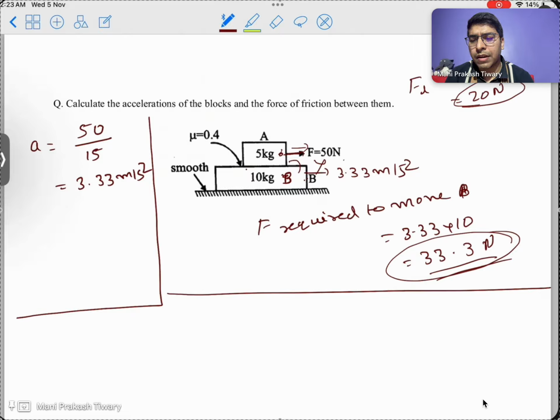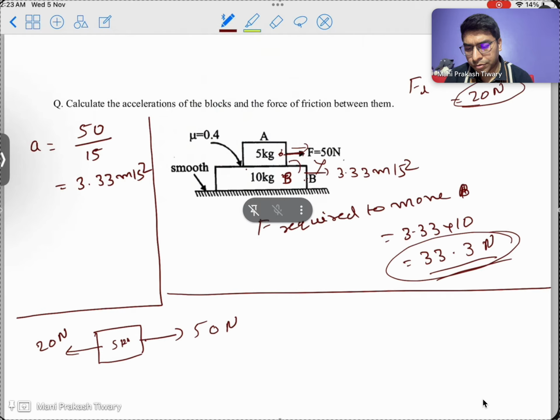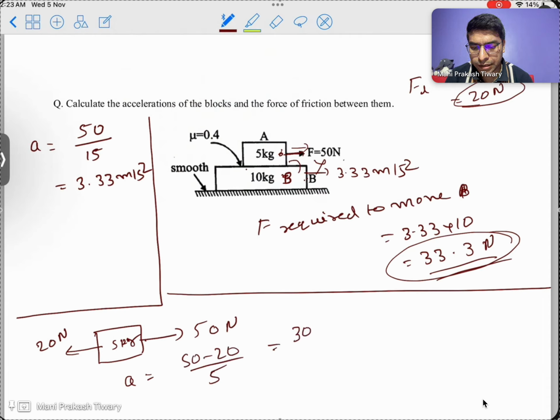Now how will they move if both do not move together? Let's discuss the FBD of block A. On block A, one force is 50 Newton in this direction. In the opposite direction is the limiting friction force, 20 Newton, and its mass is 5 kg. So the acceleration of this block will be 50 minus 20 divided by 5, that is 30 by 5, which is 6 meter per second square.